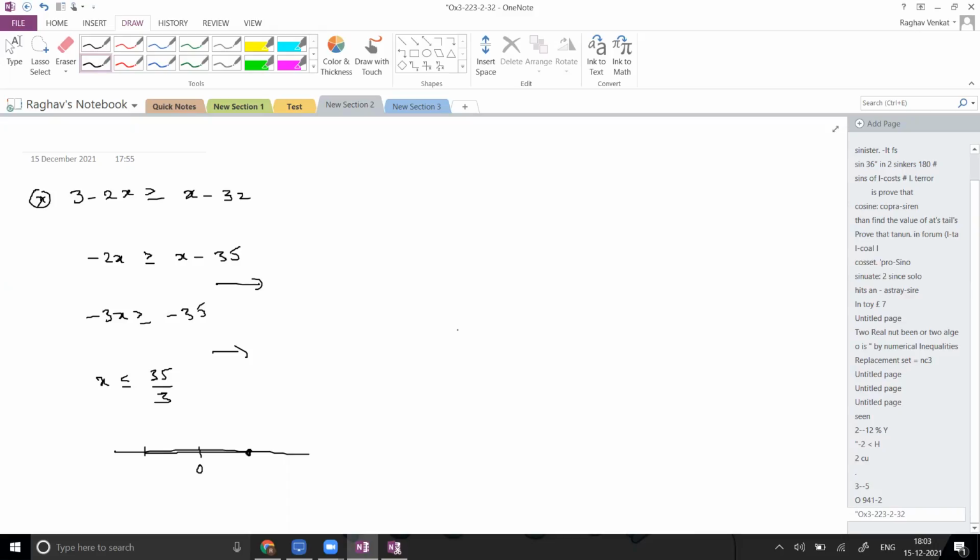X is less than or equal to 35 by 3, but 35 by 3 is not a natural number. So you can say 1, 2, 3, 4, 5, 6, 7, 8, 9, 10, 11 is the solution set of this expression. If I give the condition like this, then your answer is entirely different. Be careful when you are reading the question.